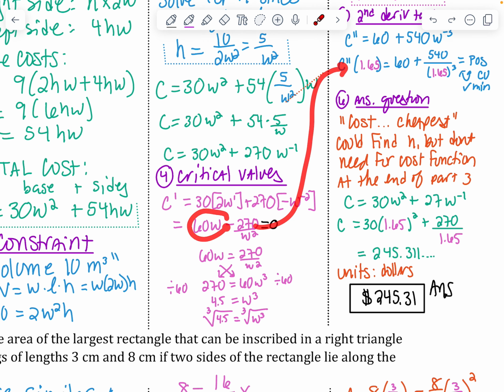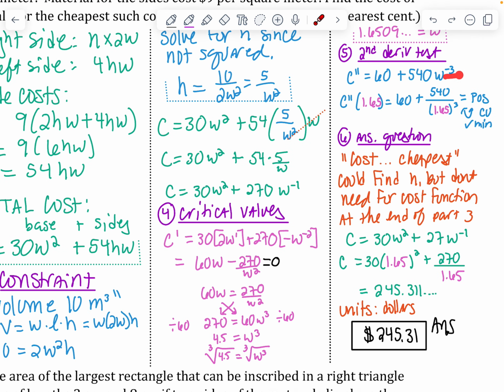I apologize, the derivative's down here. 60W has a derivative of just 60. And when I had that negative 270 to the negative 2, I'm going to get positive 540 to the negative 3, but I'm going to bring that to the denominator. When I plug my number in, all I care about is I got a positive. That means it's concave up, and I can see that concave up has a minimum.